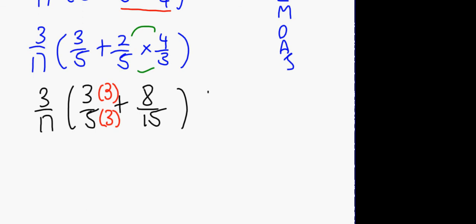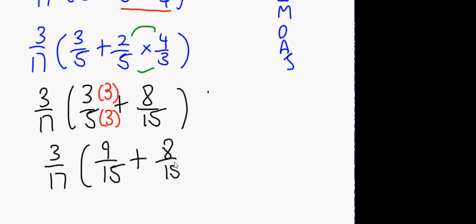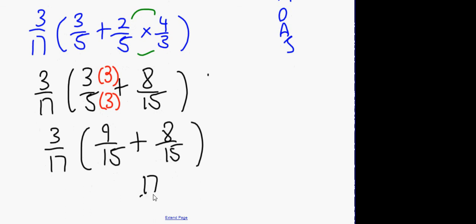Okay, perfect, Orson. Now we're going to get 3/17 multiplied by 8/15. 3 by 3 is 9 over 15, plus 8 over 15. Now what's 9 plus 8? 17. 17 fifteenths.